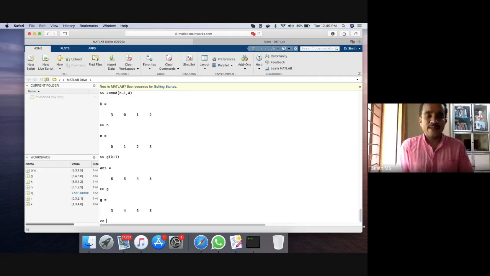So what has happened here? The g, which is 3, 4, 5, 8, is circularly shifted by 1 to the right, and hence 8 came from the last position to the first position, and now it becomes 8, 3, 4, 5. This is the right circularly shifted version by a factor of 1.